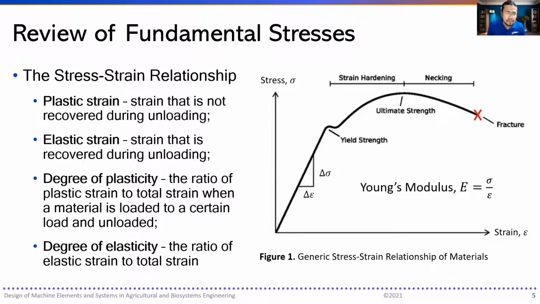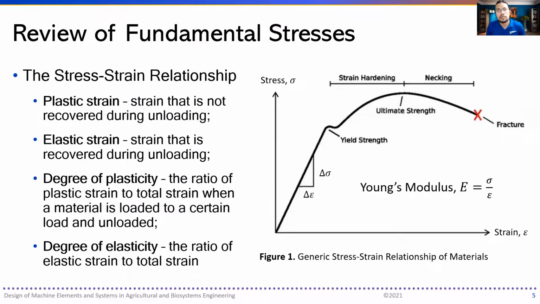Various materials have different behaviors and relationships of this stress strain. Now the stress strain relationship is modeled using this stress strain diagram in figure number 1.